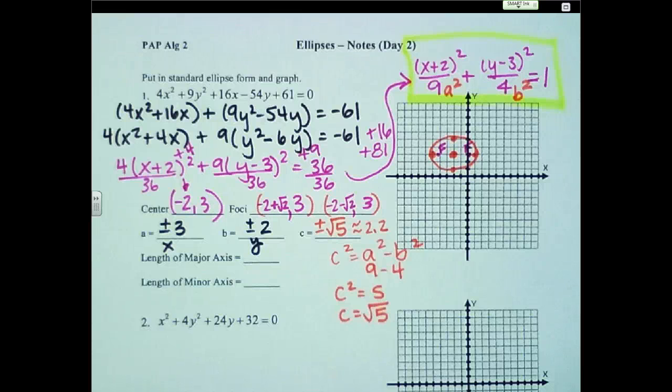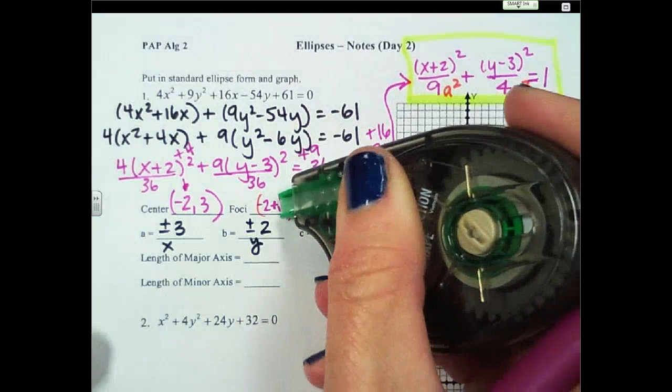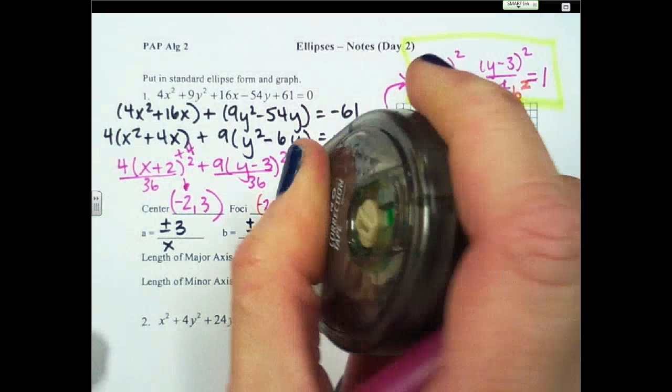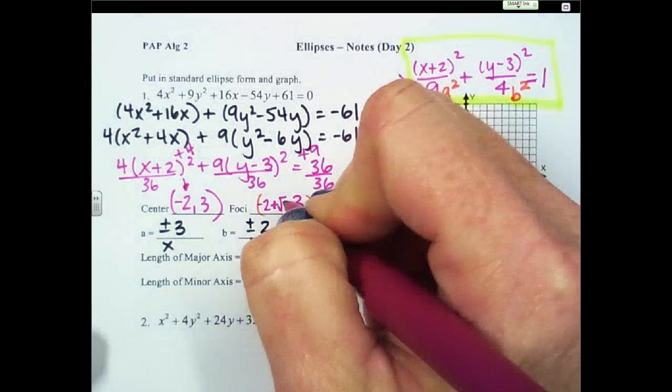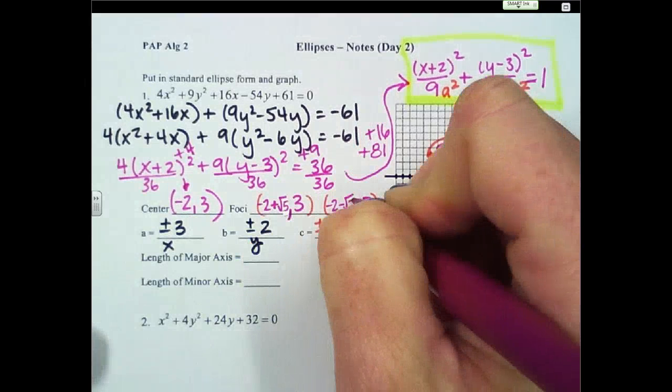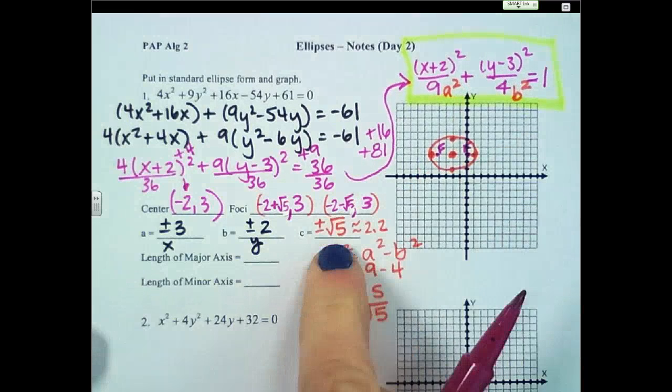Negative 2 plus root 5 doesn't make negative 2 root 5. It's kind of like saying, what is x plus 3? Is it 3x? Oh, it's root 5. I see. Thank you, guys. That should be root 5, not root 2. Thank you, girls. Because I slid root 5.